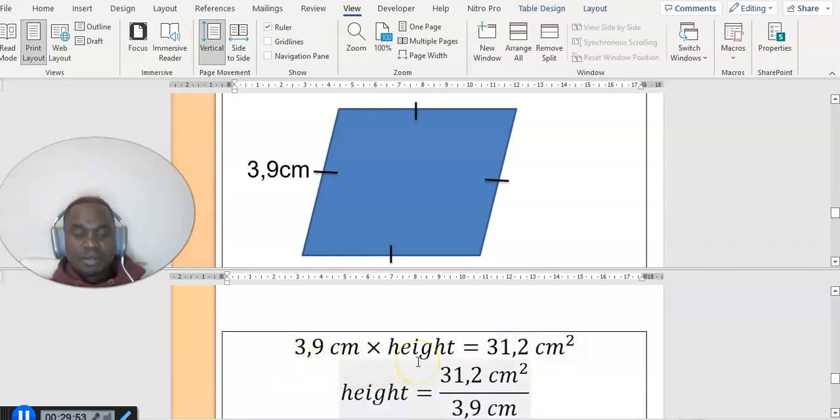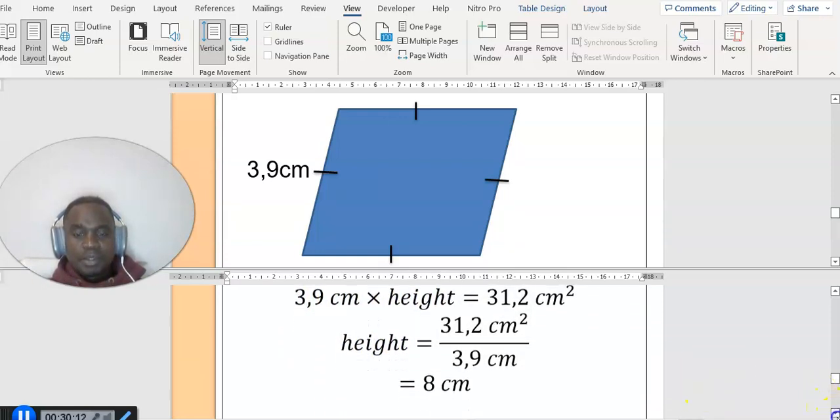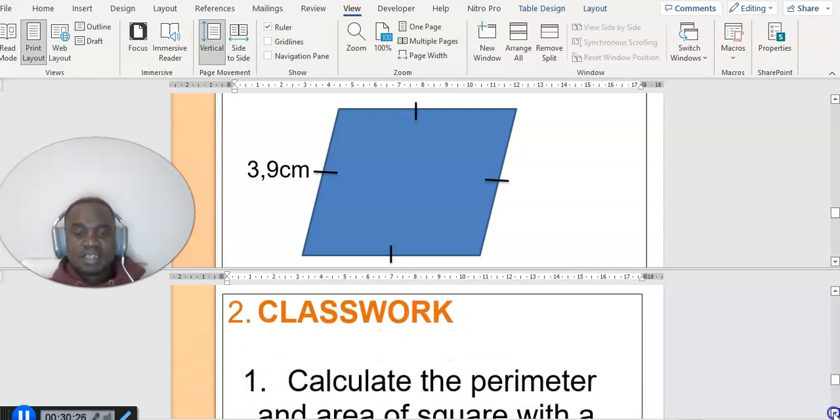Divide here by 3.9, this side also by 3.9. Remember, we want to remove this one, so this 3.9 will be removed. It will remain with what? Height. So 31.2 divided by 3.9 will give us 8 centimeters. So the height is 8 centimeters.